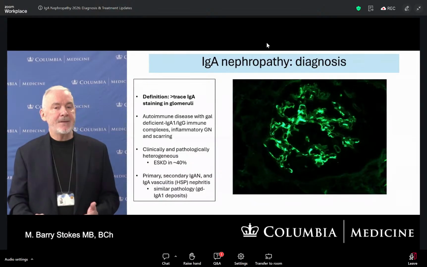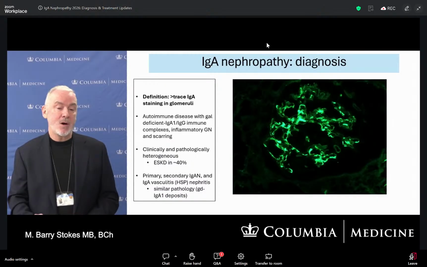The clinical manifestations and the pathology of IgA nephropathy are quite variable, and this can complicate comparison between different studies and different populations, and it can also affect our interpretation. Most cases of IgA nephropathy are primary, in other words, they're confined to the kidney with no extrarenal involvement, but there are secondary forms of IgA nephropathy, particularly associated with liver disease and some skin diseases.